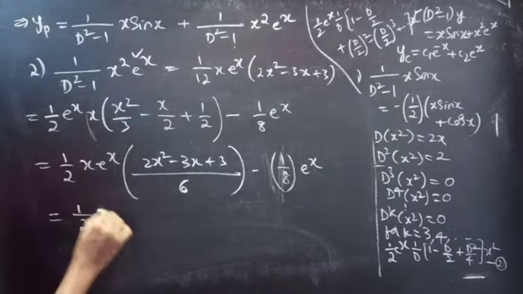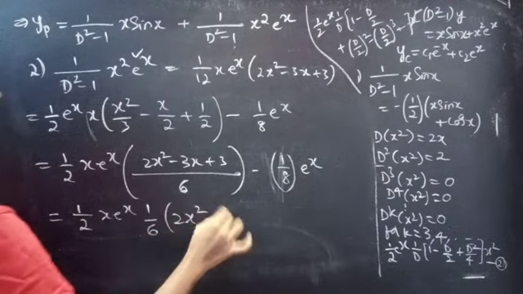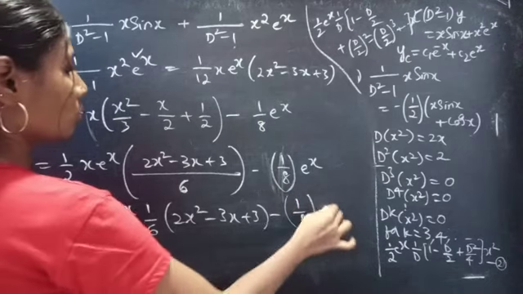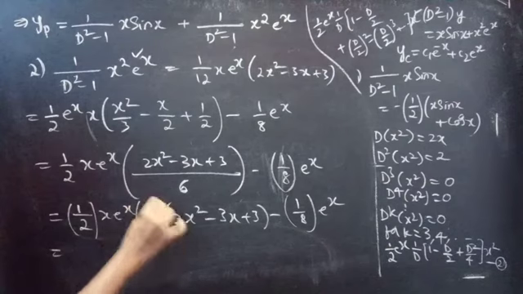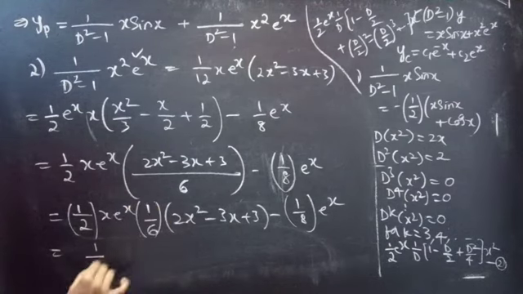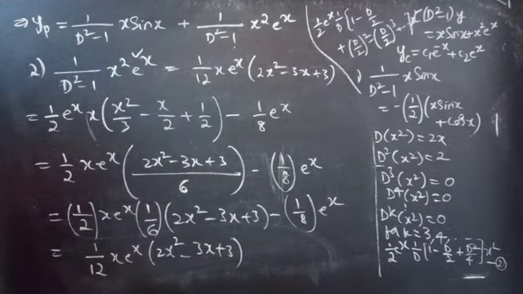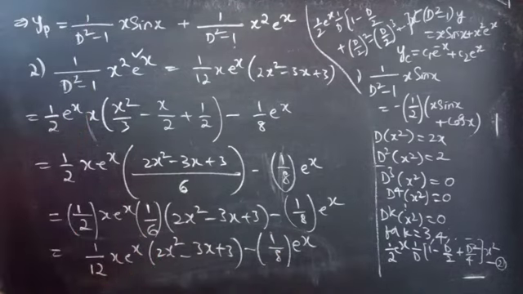You can write it as 1/6 times (2x² minus 3x plus 3) minus 1/8 times e^x, which equals 1/2 times 1/6, that is 1/12, x e^x times (2x² minus 3x plus 3) minus 1/8 e^x.